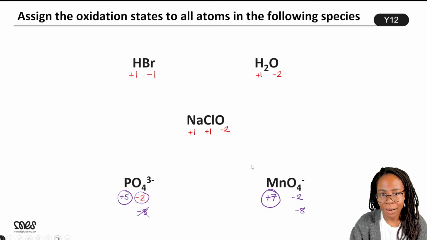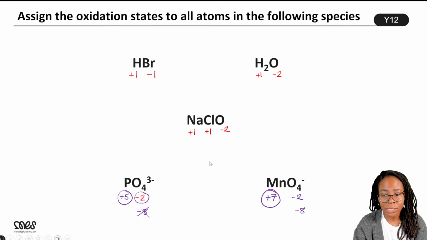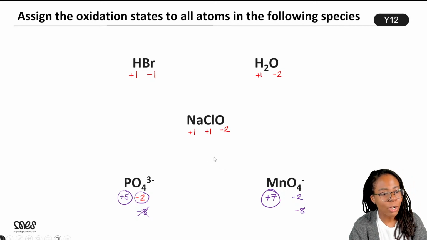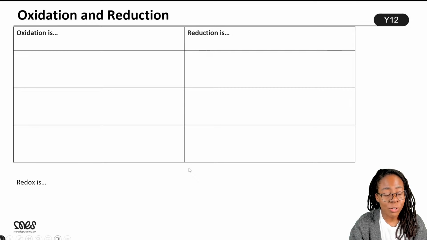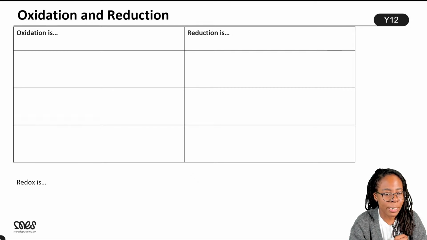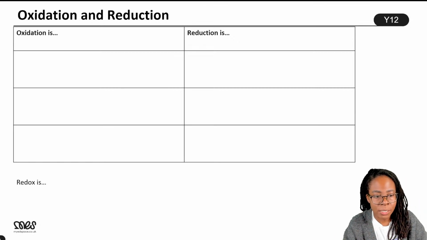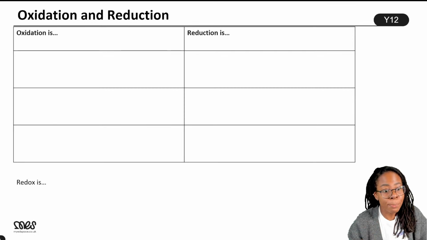Okay, lovely. So we can assign oxidation states, and that helps us track oxidation and reduction. Let's remind ourselves, Gibbs energy, Mr. Magic, tells us whether a reaction is going to be spontaneous or feasible at a particular temperature. So whether or not it will happen without any external input.